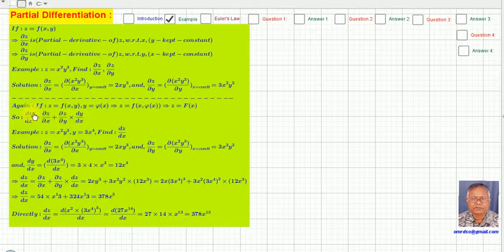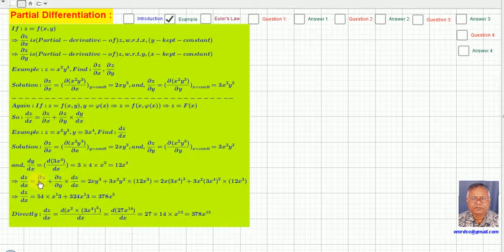Now I am going to find out dz/dx in two ways, by this formula and directly also. First, del z/del x, obviously y is constant, so it will become 2xy cube, and del z/del y will become 3x square y square, and dy/dx, as y is equal to 3x to the power 4, becomes 12x cube.